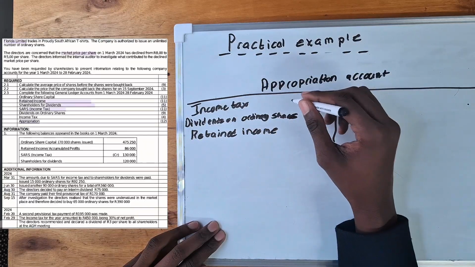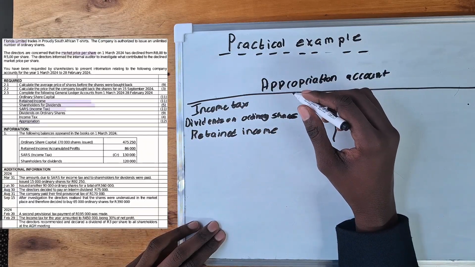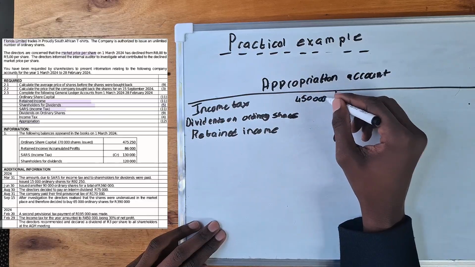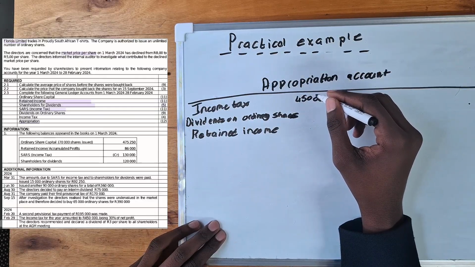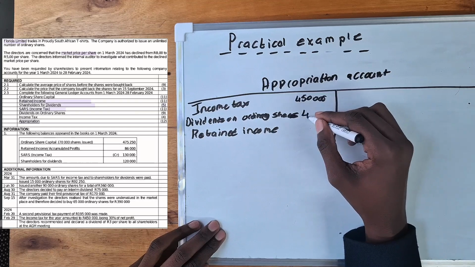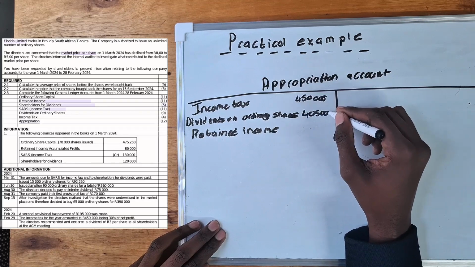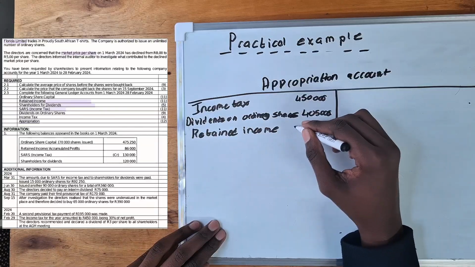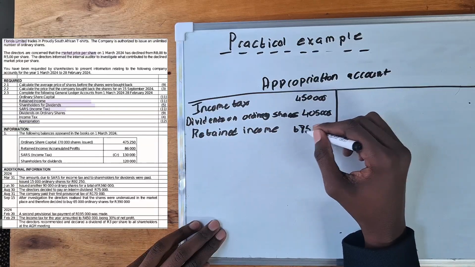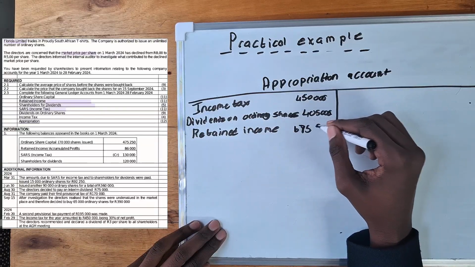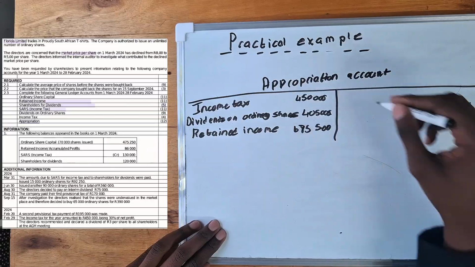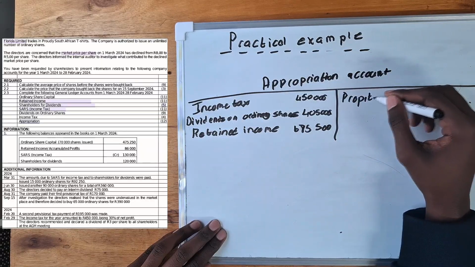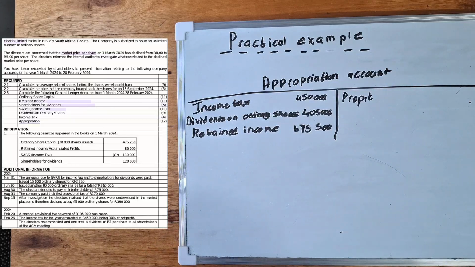So for our income tax, we had 450,000. For dividends on ordinary shares, we had 405,000. And for retained income, we had 685,500, right? Then here we write profit and loss. Excuse my spelling.